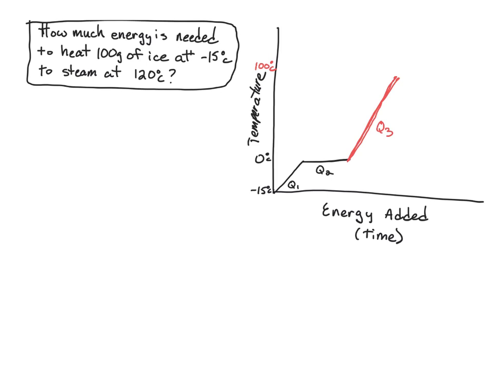Now, what's happening in the sample at this point is I've got my water molecules with intermolecular forces holding them together. They have a good amount of energy or particle movement. Now, the energy is going to be used to do 2 things.